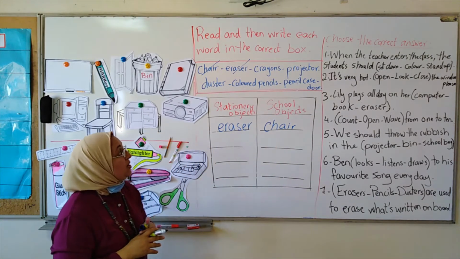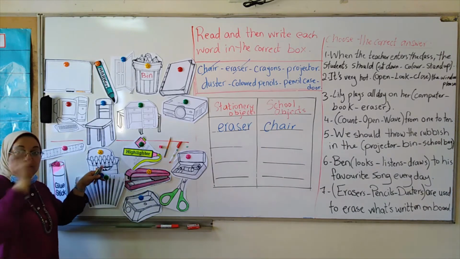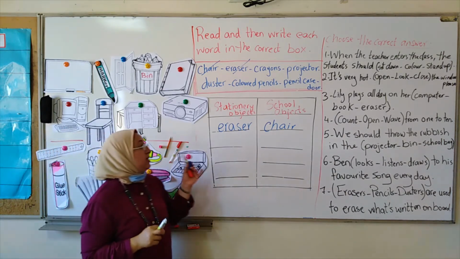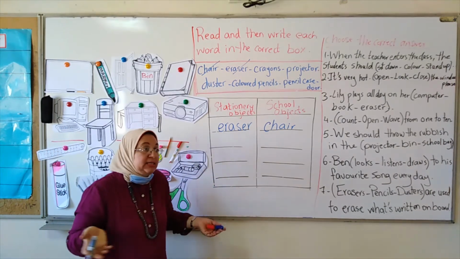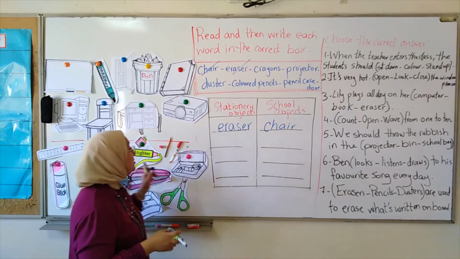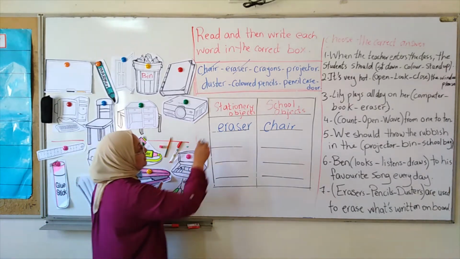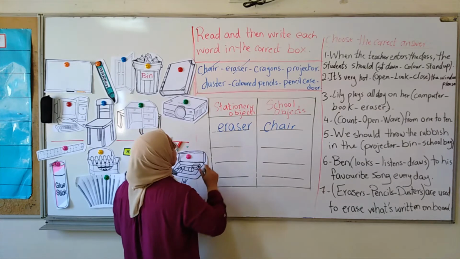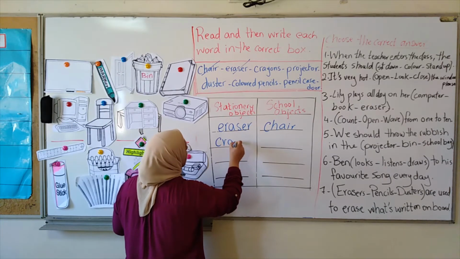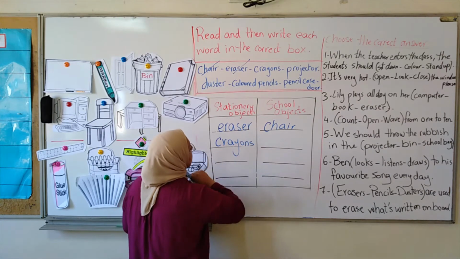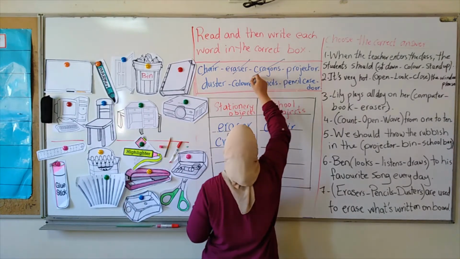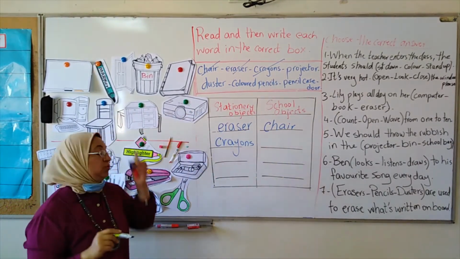The next one, crayons. Can I put my crayons inside my pencil case? Yes, we put them inside the pencil case. So it's going to be a stationary object. I'm going to write crayons here. Then after you write the word, don't forget to cross it out.